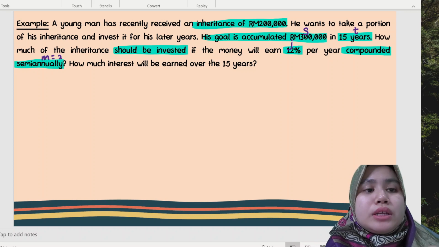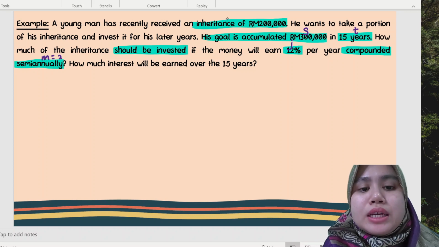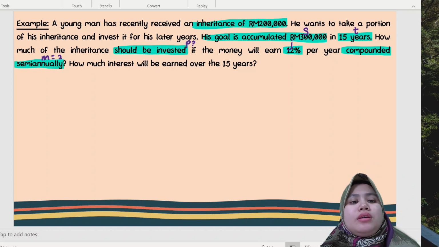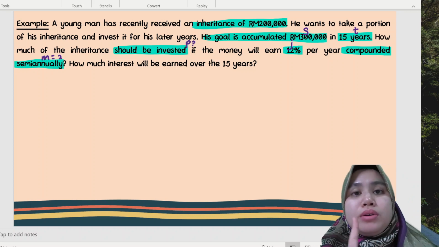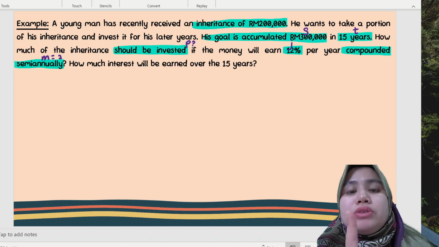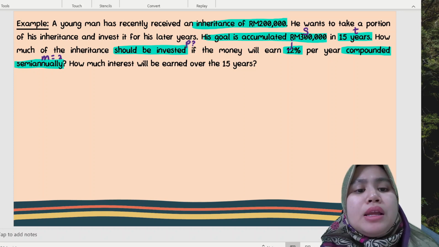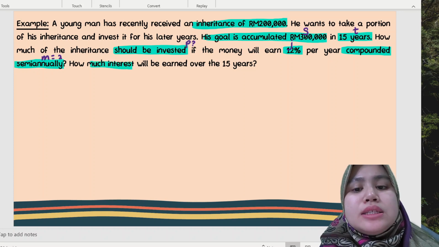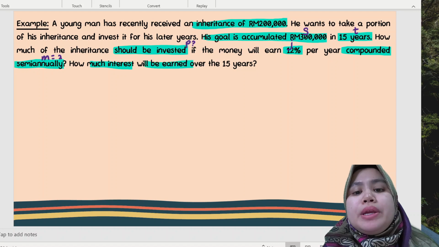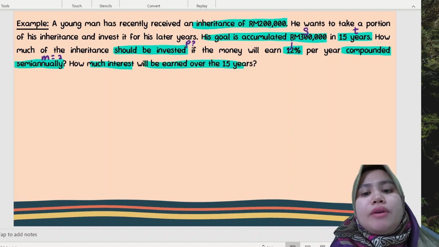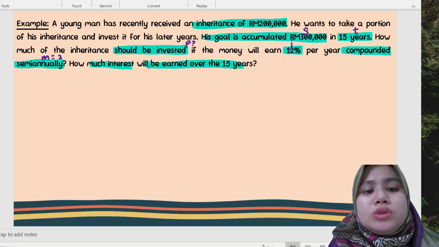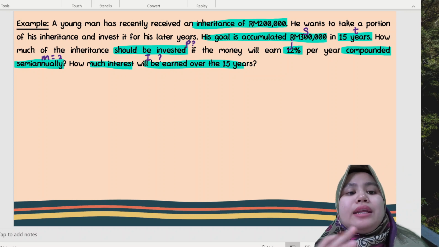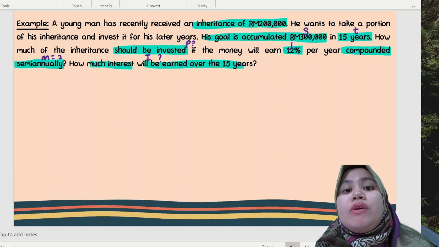So what you want to find is actually P. Next sentence means next instruction. The second instruction is how much interest will be earned over the 15 years. So we want to find capital I, the value of interest that the young man will receive or gain.